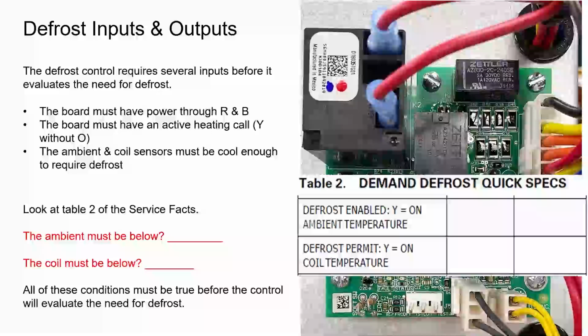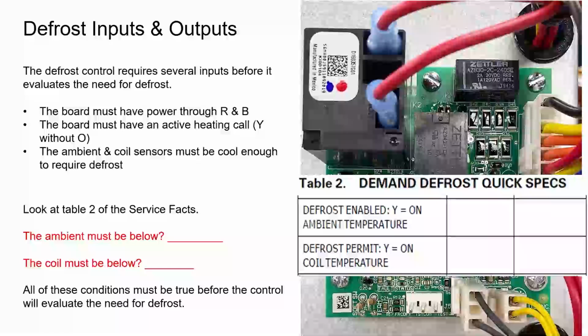One of them is what outdoor temperature must we be below to allow defrost, and what coil temp must we be below to allow defrost? Well, the outdoor temp, we have to be below 52. If we're not below 52, the system will not allow defrost. So if you're out on a job and it's 55 degrees outside and you're tarping the unit to try to get it to freeze up to check defrost, it isn't going to happen.